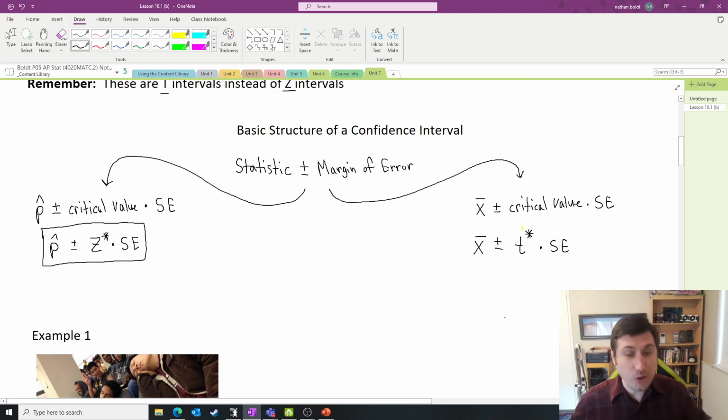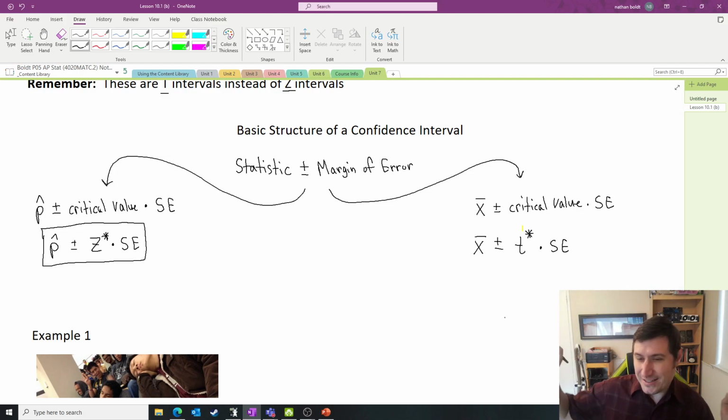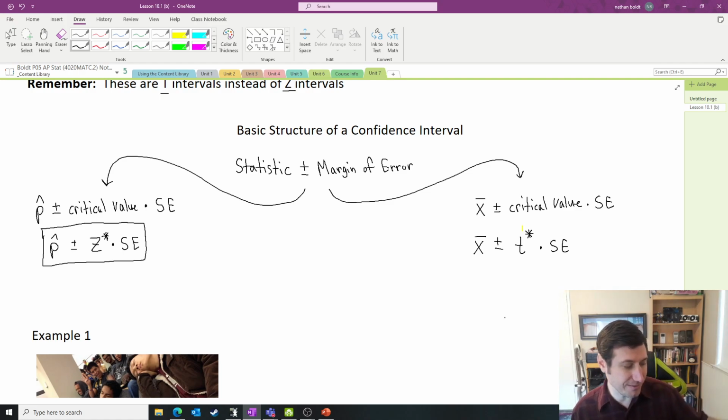Now, I want to go into more depth. Why t star? Why is it not a z star? Z star seems like it should work, and up until about 1905, that's what we used. There is such a thing as a one sample z interval for a population mean, but it doesn't quite work in many circumstances.